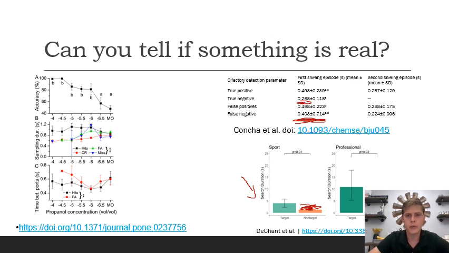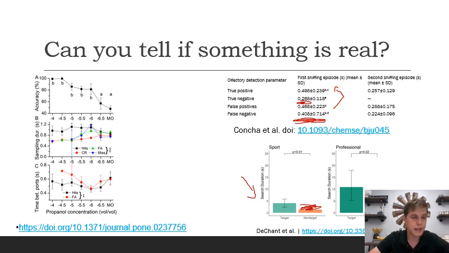Interestingly enough, we didn't have enough data to do the subsequent analysis, but their true positive, so actual hits, was about 0.5 seconds, and their false positives were also about 0.5 seconds, which suggests that you can't really tell the difference between a false positive and a true positive because those tend to be quite similar. But you can definitely tell the difference with a true negative, meaning that there is nothing there. They tend to sniff that for a very short period of time.